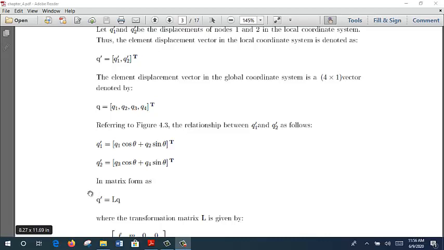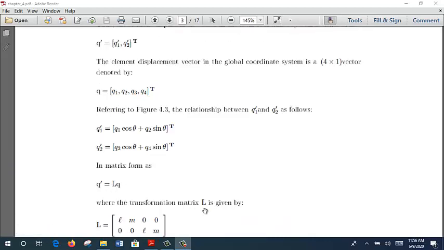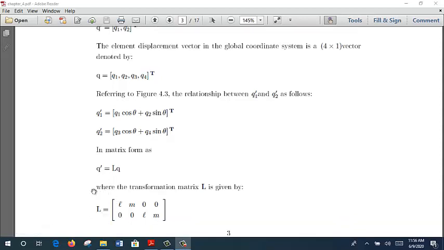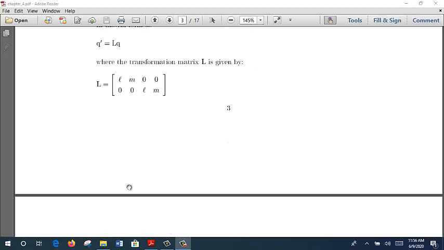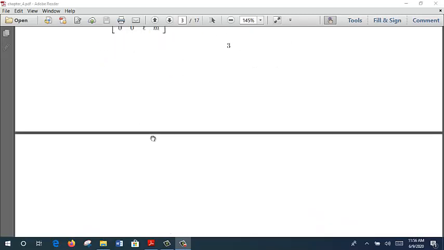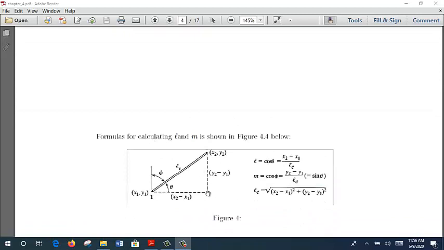Q prime, this is your local, is equal to L times Q global, where L is the transformation matrix. So this is how they calculated the L, which represents the L, M, and also the LE. So what is L, what is M, and what is the LE? This is how they calculated it.